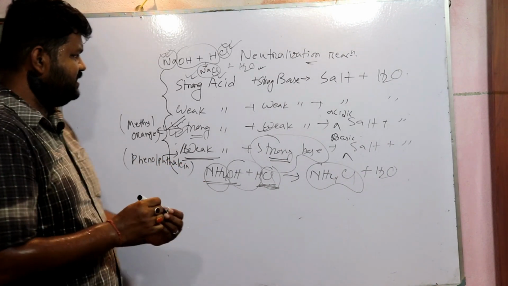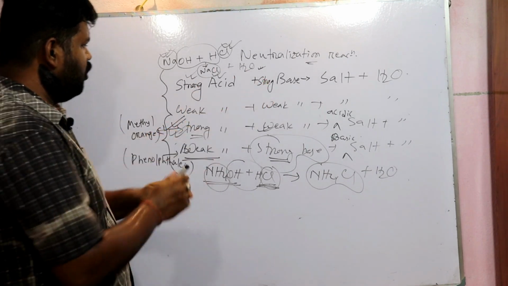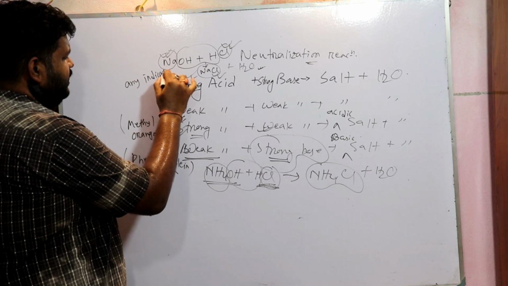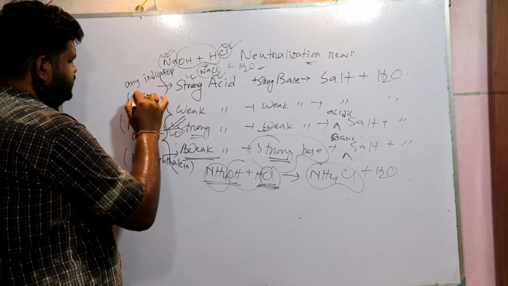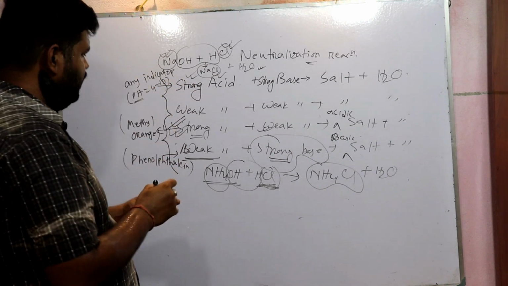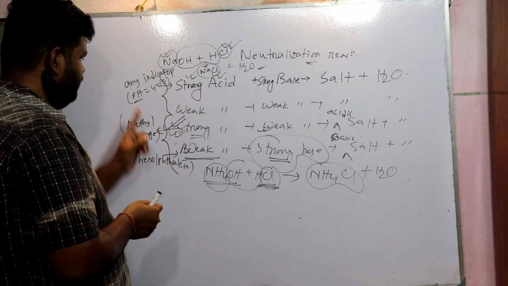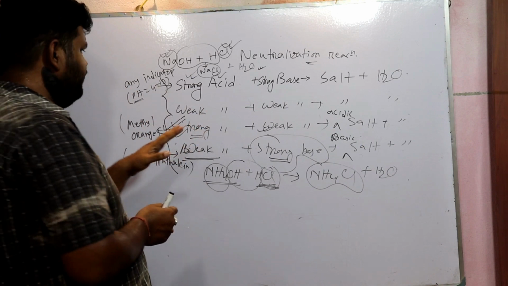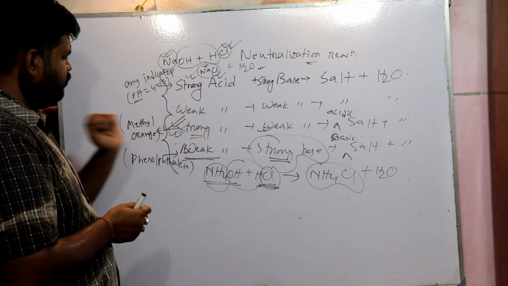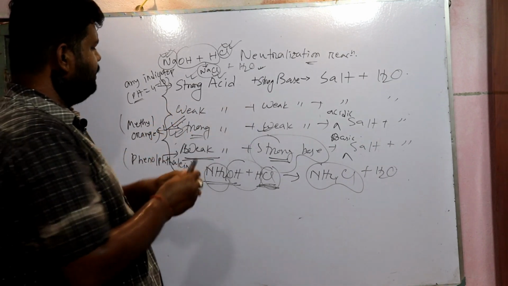Just remember that for strong acid and strong base, any indicator can be used, whose pH range is 4 to 10. What is pH? I will talk about it later, because in the next video or the video after the next, I will discuss what pH is. And this one is weak acid and weak base.